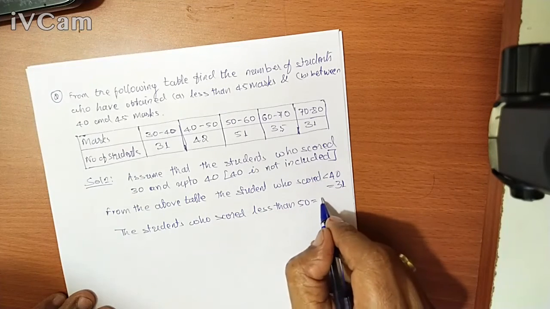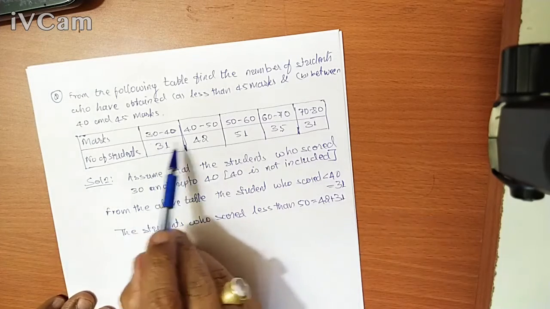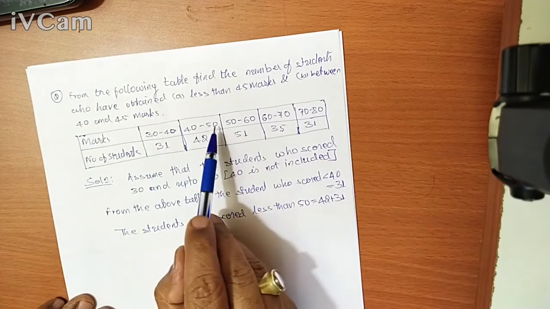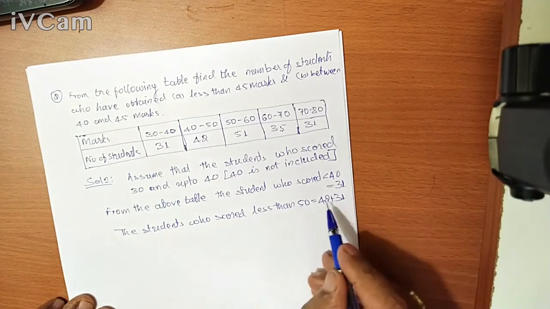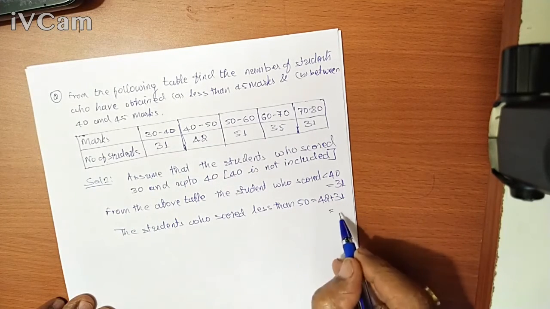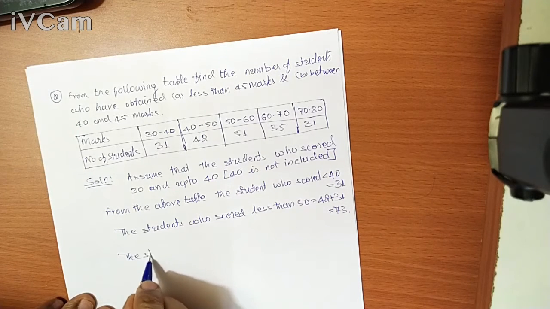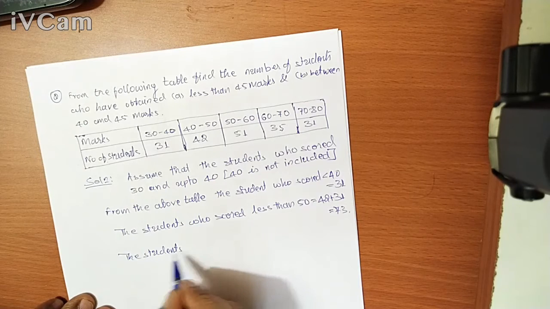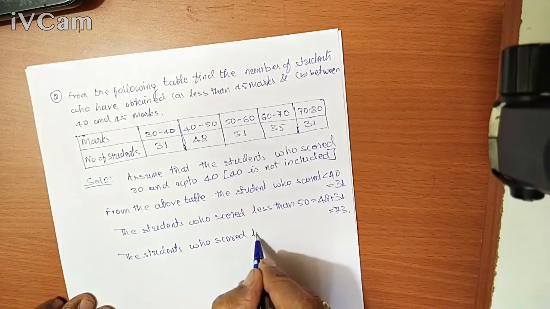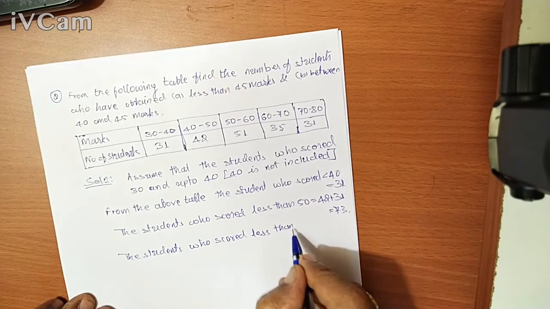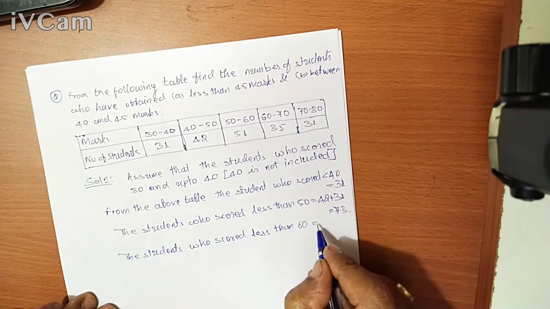It is 42 plus 31, because the students who scored less than 40 also come under this category. Therefore, I have to add these two: 42 plus 31, which is equal to 73. Like this, the students who scored less than 60 is equal to 124.